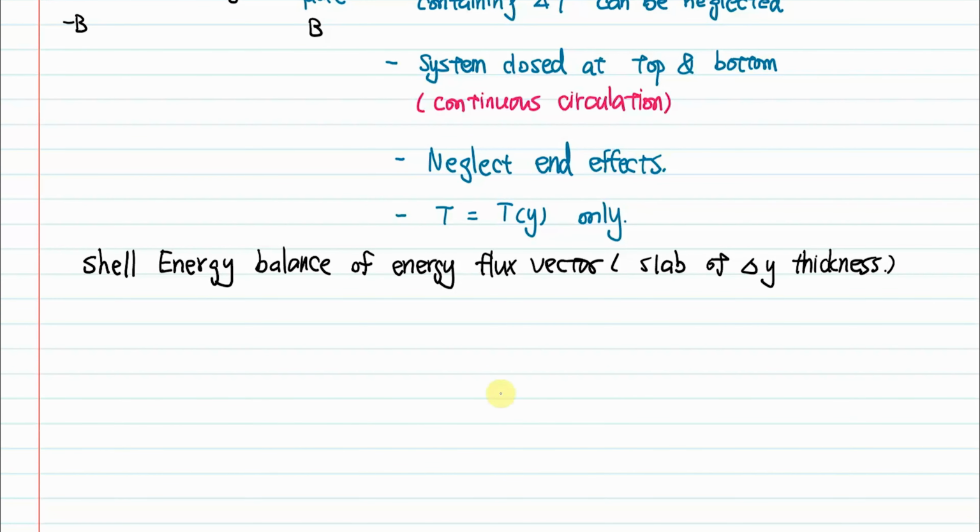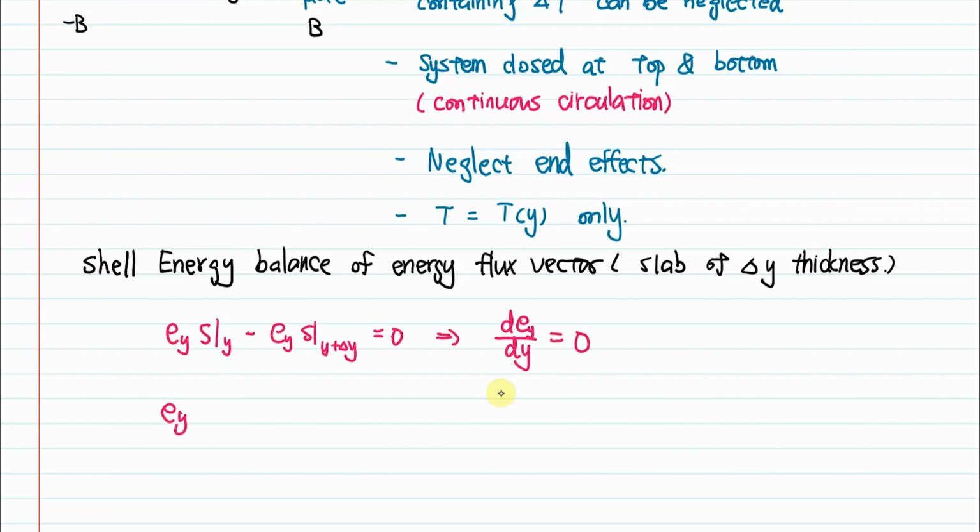What we have is the energy flux vector in the y direction times the cross-sectional area at y, minus the same at y plus delta y, equals 0. So we get d(e_y)/dy equals 0.